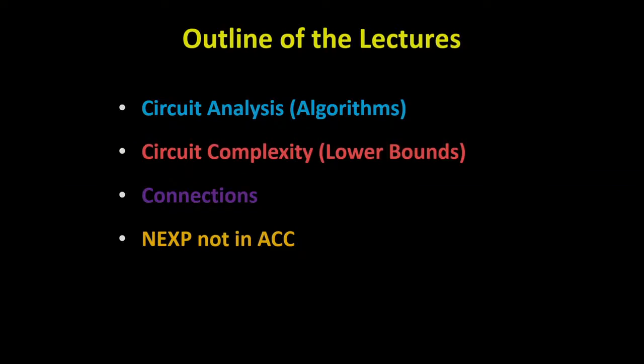And in the last lecture, I'll give the proof of a particular lower bound: that non-deterministic exponential time doesn't have small circuits from a particular class, called ACC, alternating circuits with counting.